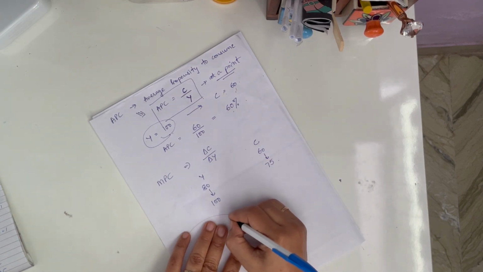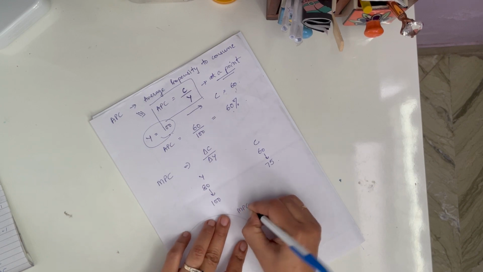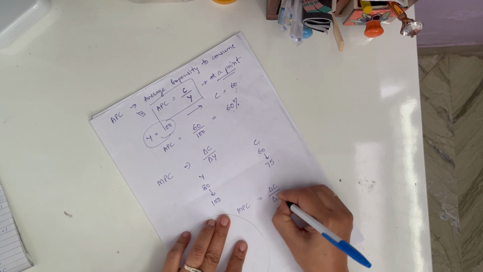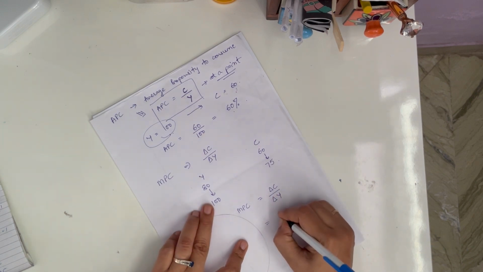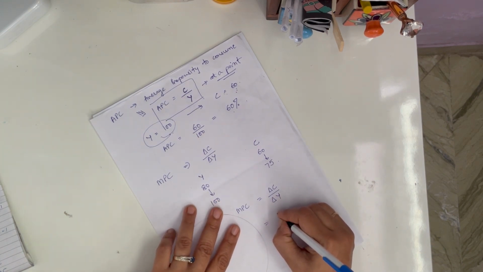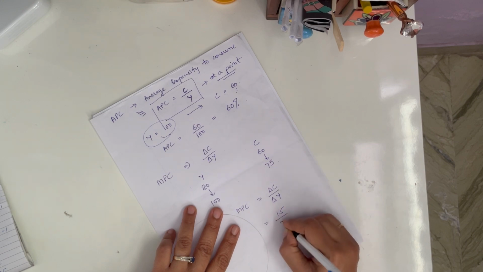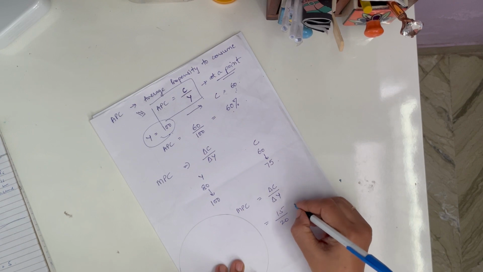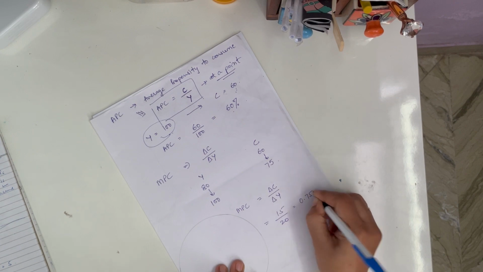Then I have to calculate my MPC. Change in consumption by change in income. Change in consumption is 15, and change in income is 20, so that gives me 0.75.